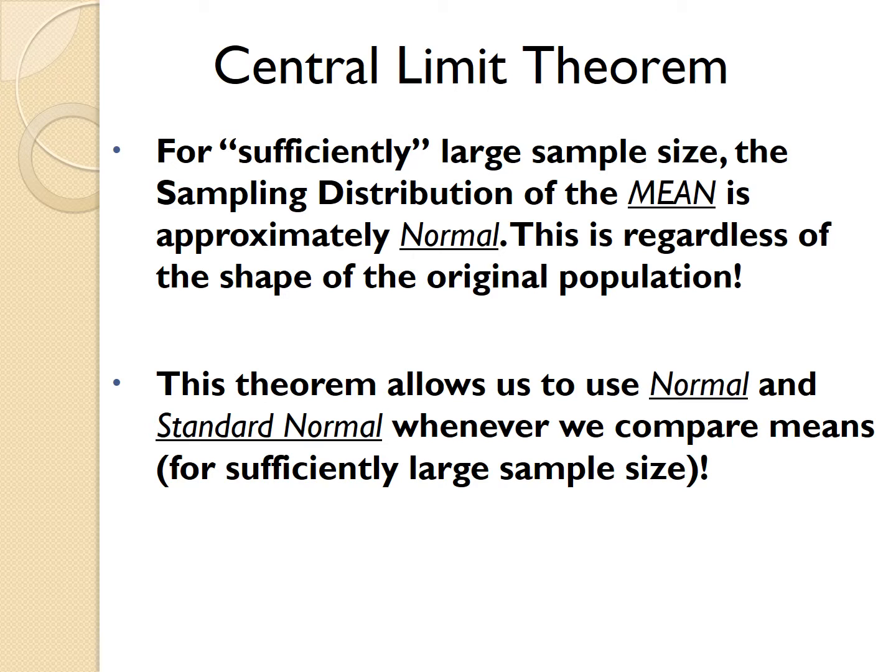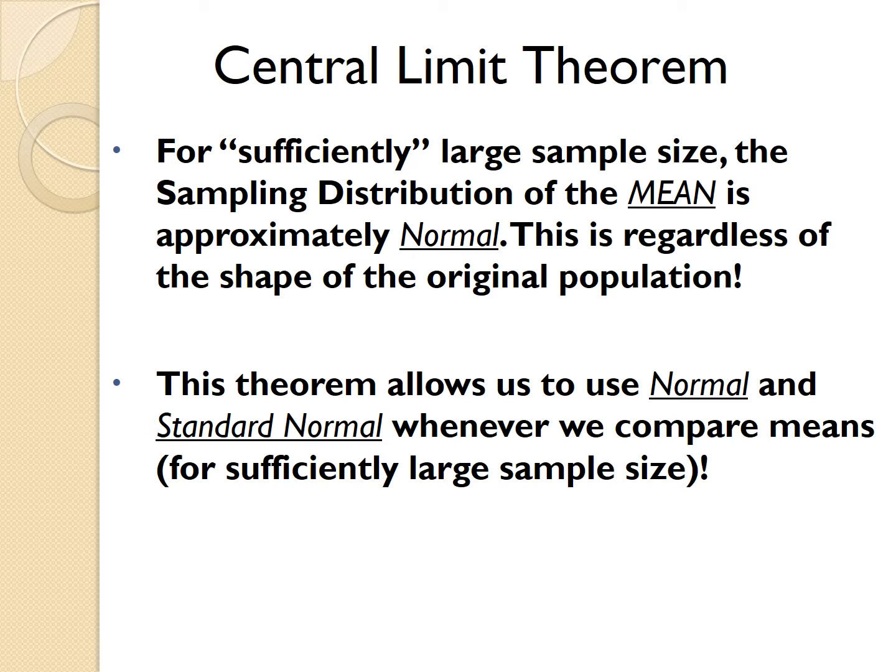The central limit theorem is the most profound concept in statistics. The gist of it is that the sample mean would be approximately normally distributed for large sample sizes, regardless of the distribution from which we are sampling.